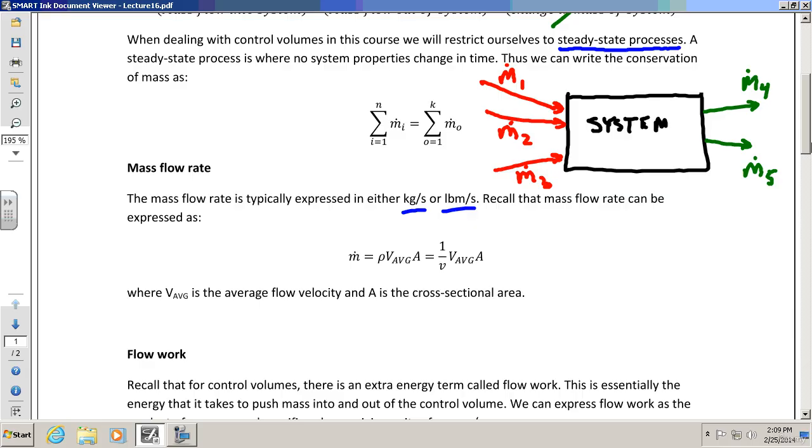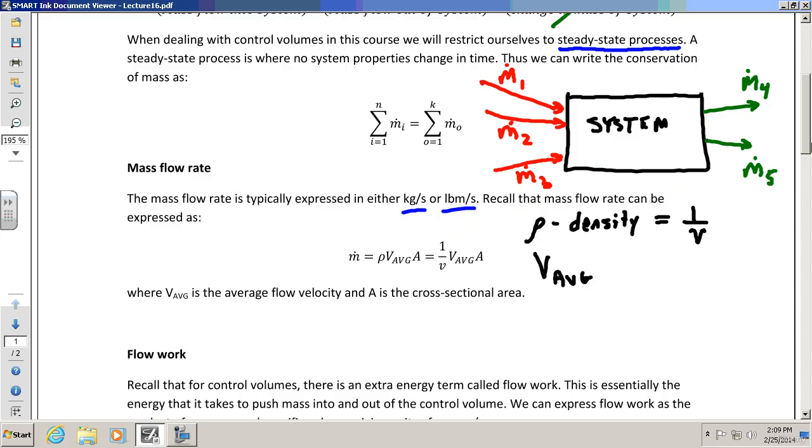Okay? Mass flow rate. And I've shown you this equation before, but I want to remind you of it. The mass flow rate is equal to the density, rho, which is equal to 1 over the specific volume, times the average velocity.